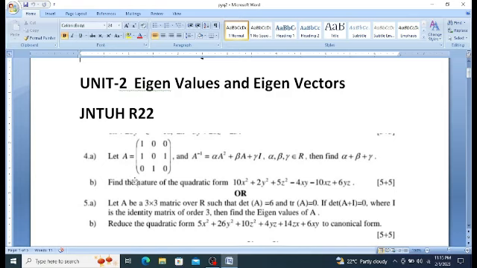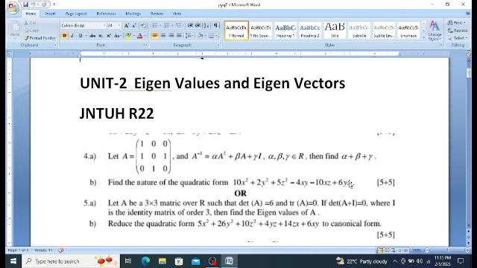Then next we have: find the nature of the quadratic form 10x square plus 2y square plus 5z square minus 4xy minus 10xz plus 6yz. So here to get the nature of the quadratic form, convert this quadratic form to the canonical form or normal form.